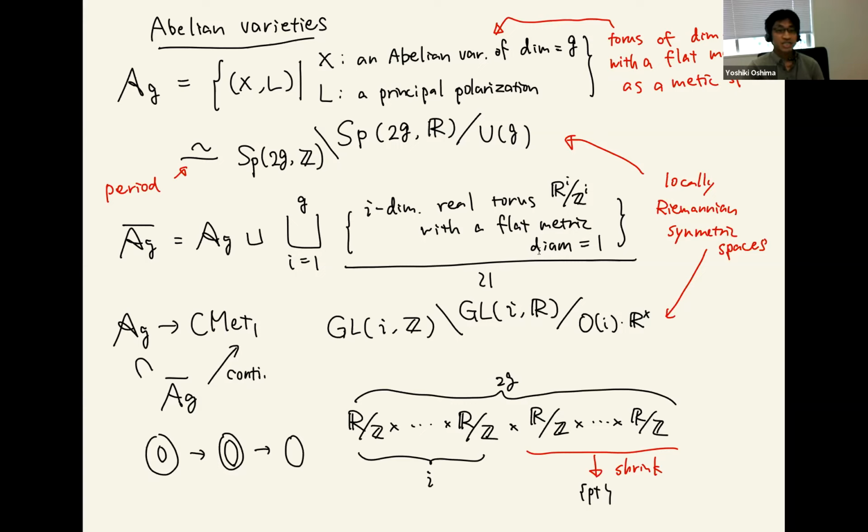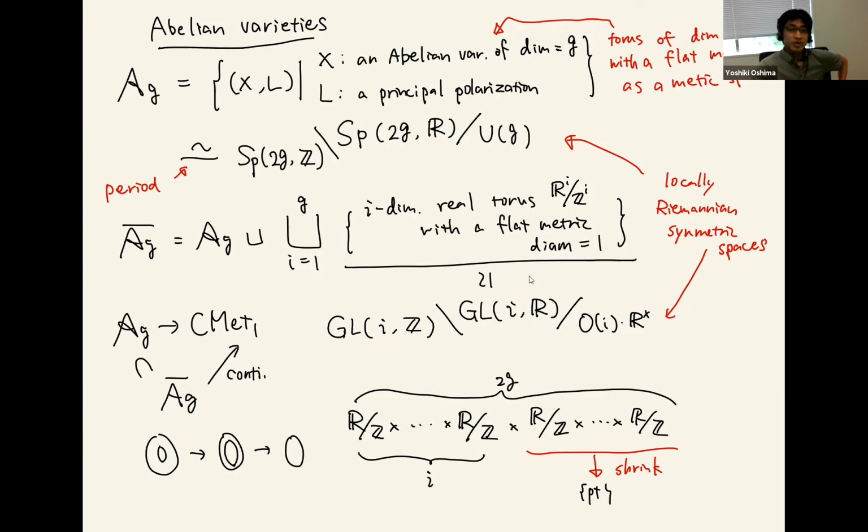And then as a degeneration, we have a real torus of dimension i, so the dimension becomes smaller. The original dimension is 2g, but for the degenerate one, we only have a dimension less than or equal to g.